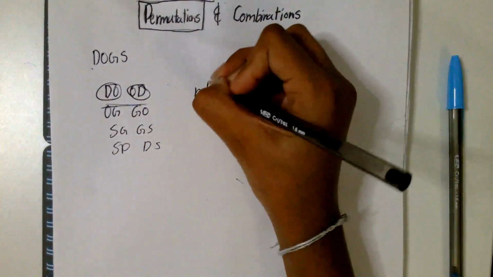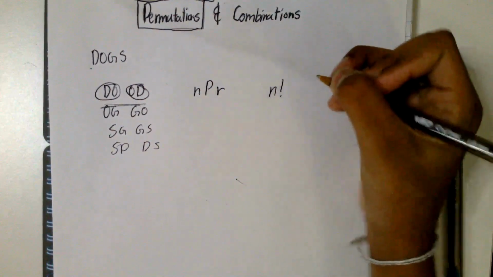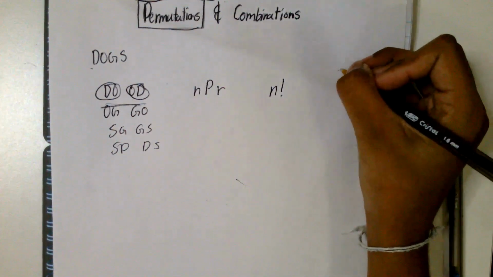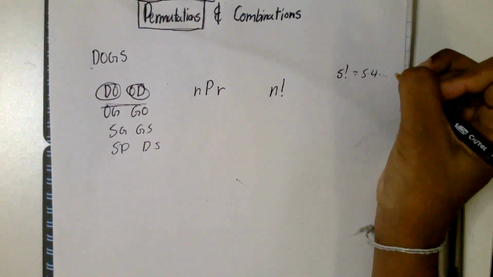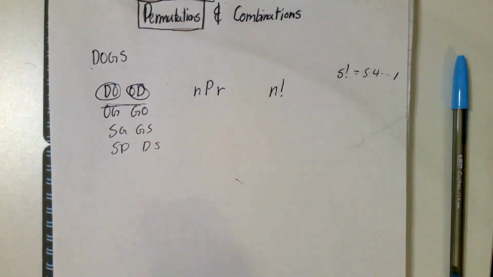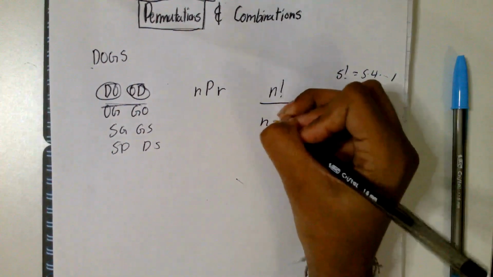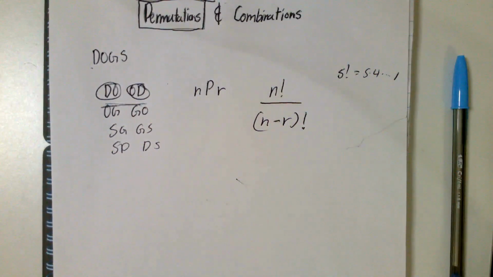It's written as NPR, where N factorial is nothing but multiplying all the whole numbers down to 1. So let's say 5 factorial, that's 5 times 4 times all the way to 1. Okay? So the formula goes like this: N factorial over N minus R factorial. So N is going to be the number of objects that we have in total, and R is going to be the amount that we're rearranging.